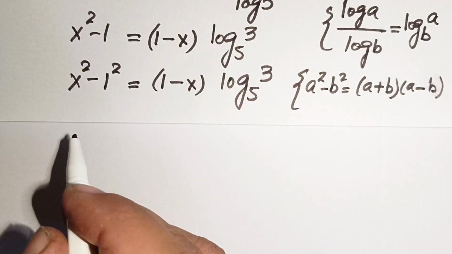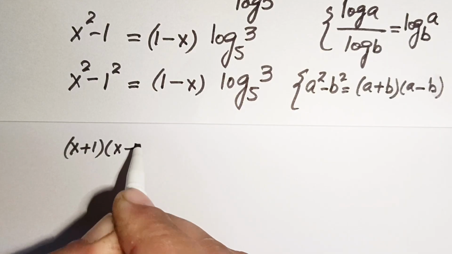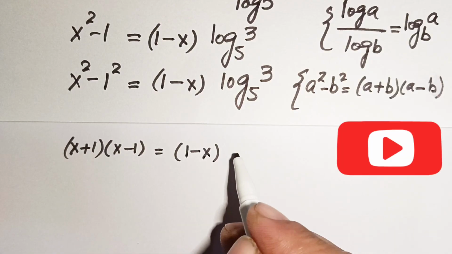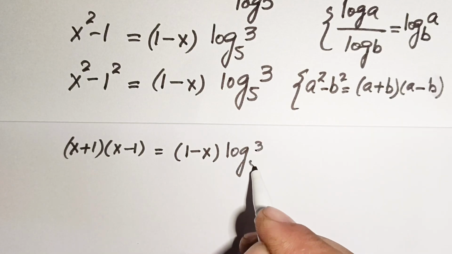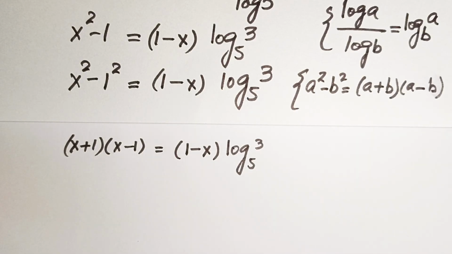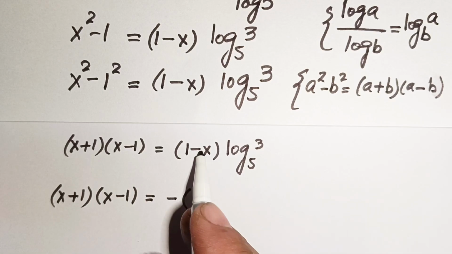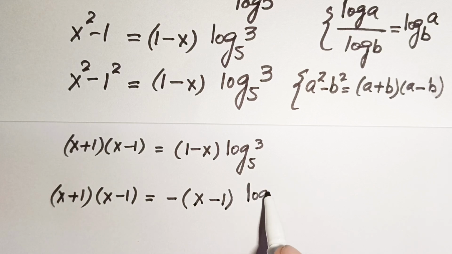Now x plus 1 times x minus 1 is equal to 1 minus x times log 3 to base 5. Here we take minus as common, so we have minus times minus is plus, x minus 1 log 3 to base 5.